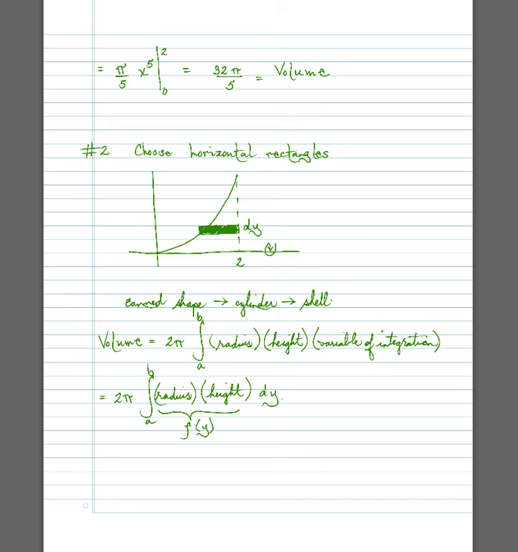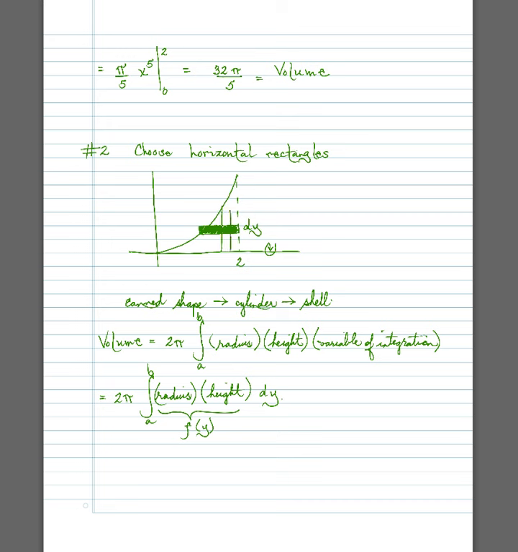Okay, now if we look at this, if you think about rotating this pencil horizontally around the axis, like we said, we get a shell. But if you think about it, the radius of your shell or your cylinder, looking at the diagram, would be from the x-axis to the function.